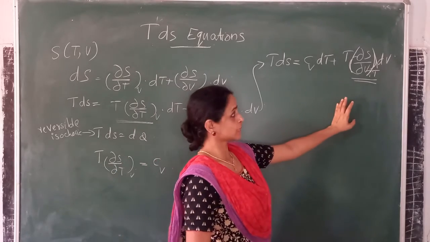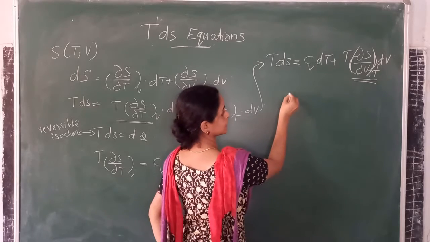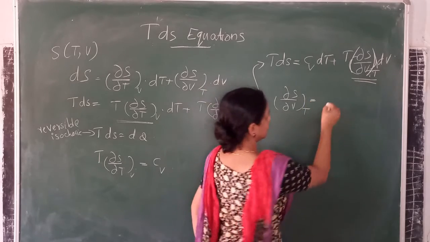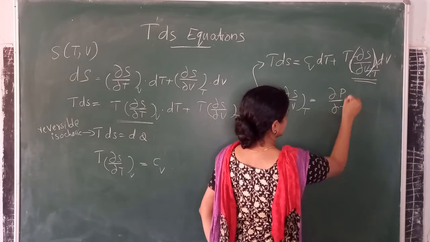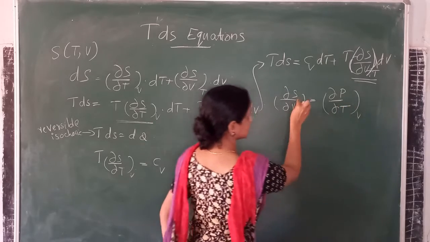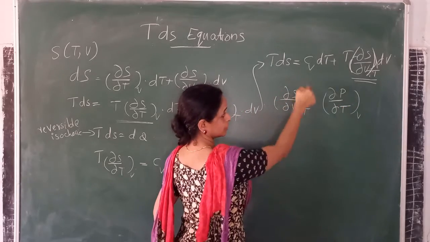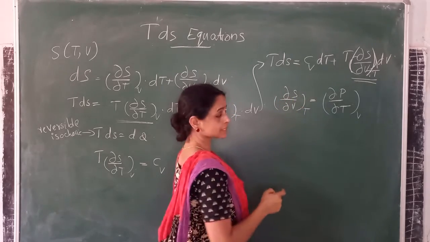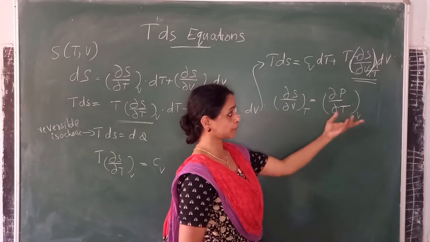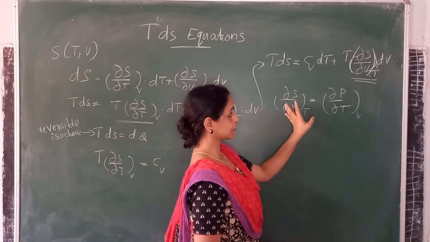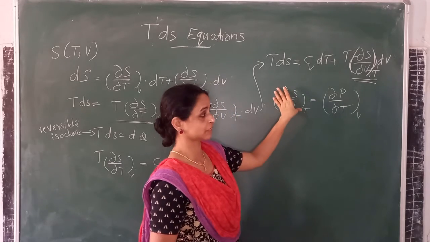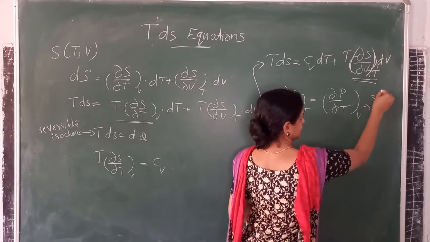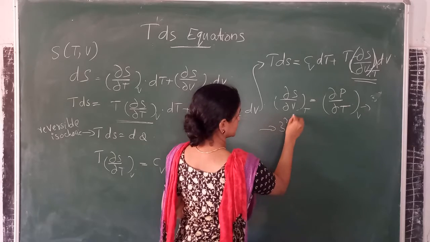We have the third Maxwell relation as ∂S by ∂V at T is equal to ∂P by ∂T at V. This partial differentiation with S is very difficult to find out, but it is very easy to find out ∂P by ∂T at constant volume. So we can replace it using the third Maxwell relation.